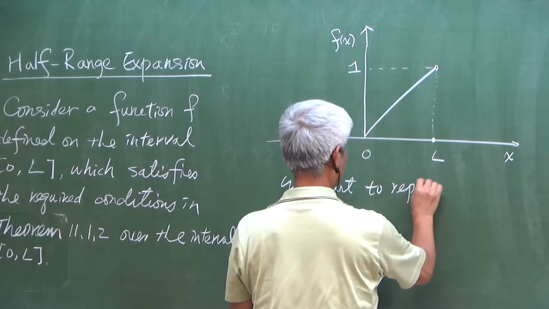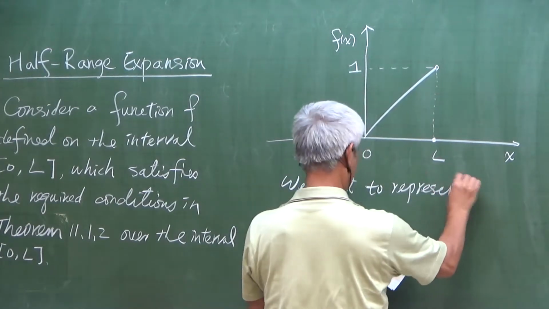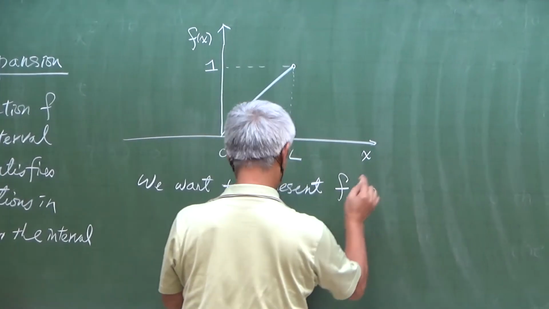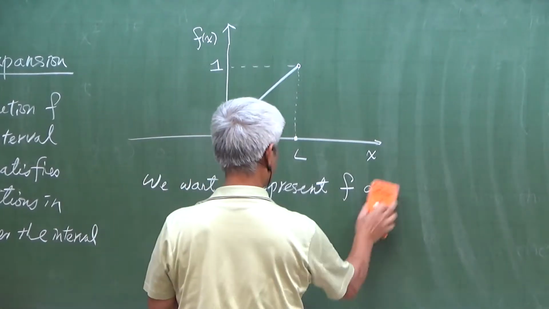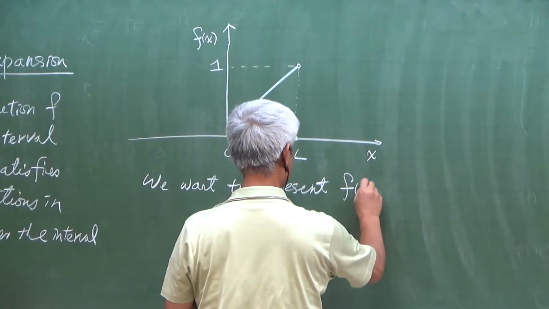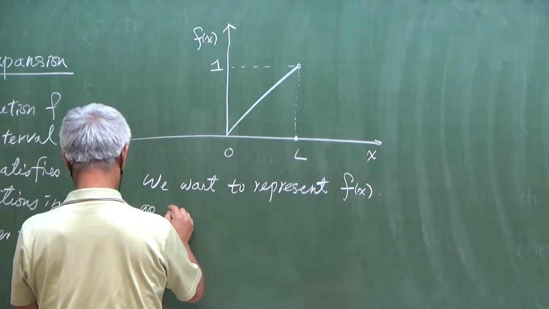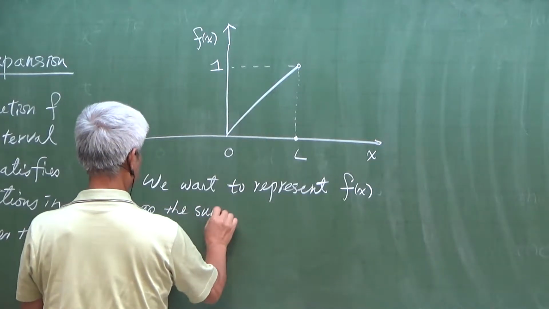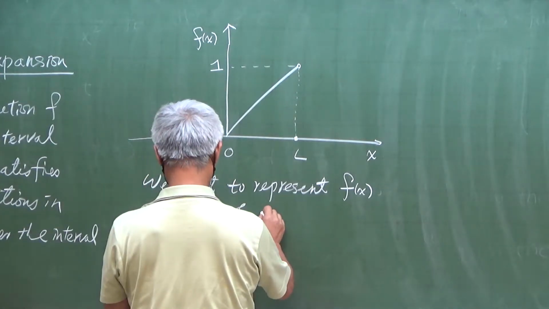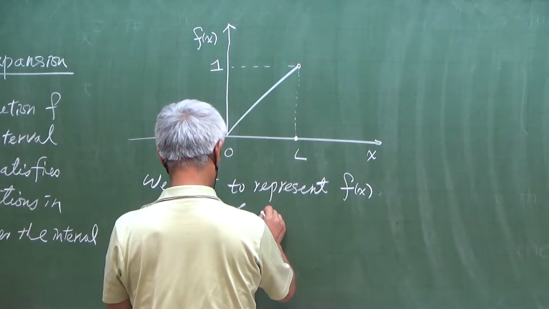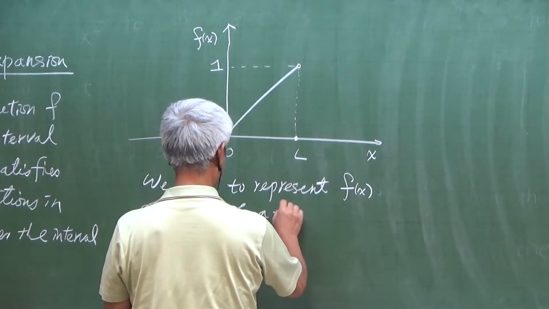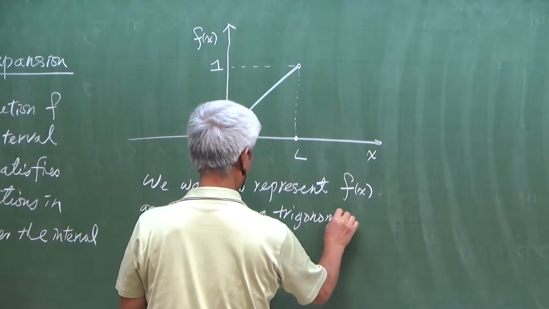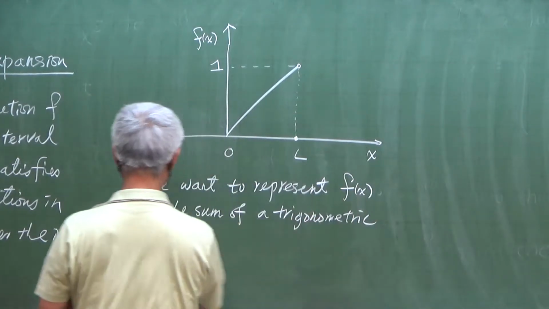Now, our purpose is that we want to represent f of x as the sum of a trigonometric Fourier series.